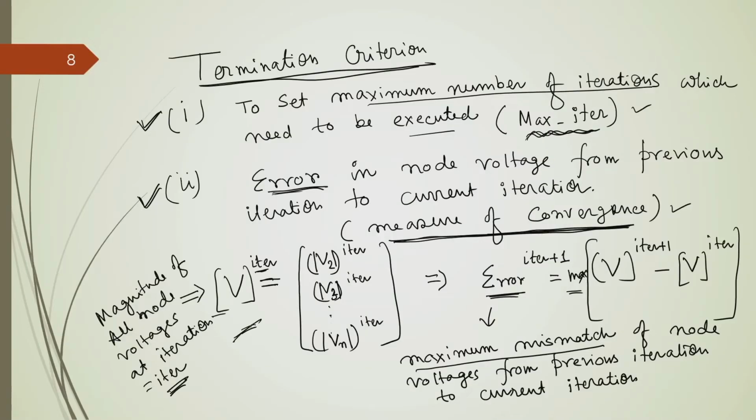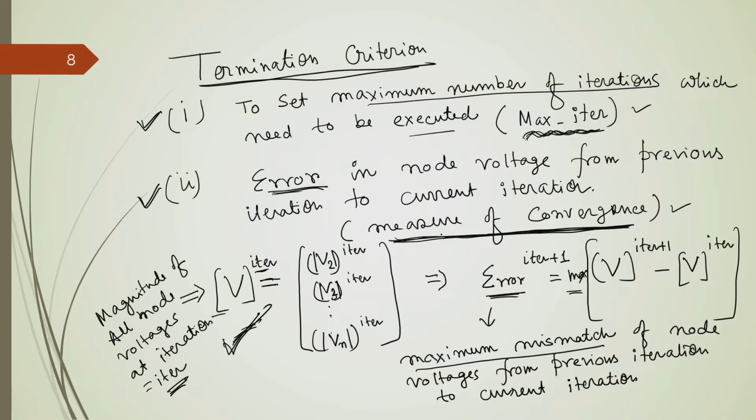So, this is the main convergence criteria. If this criteria is satisfied, we can terminate the iterative process. Now, even if after execution of the maximum number of iterations we see that the convergence criteria is not achieved, then we also have to terminate, and that termination will lead to the fact that this load flow is not converged. So, there may be some conditions that this load flow may not converge. For this condition we will keep this second termination criteria.